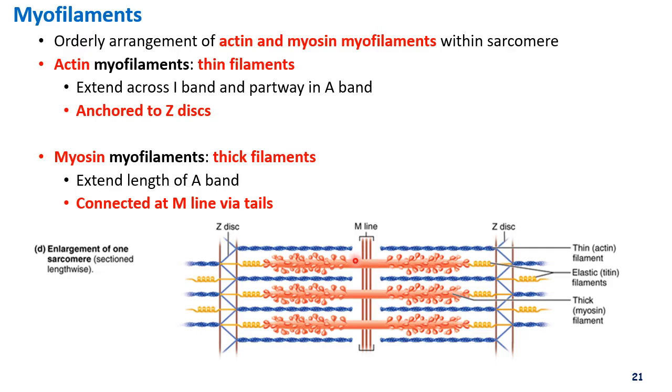Some of these myosin heads are pointing to one side, and some are pointing to the other side. They are joined at their tails, and the part that joins them is the M line, joining the tails of your myosin fibers.